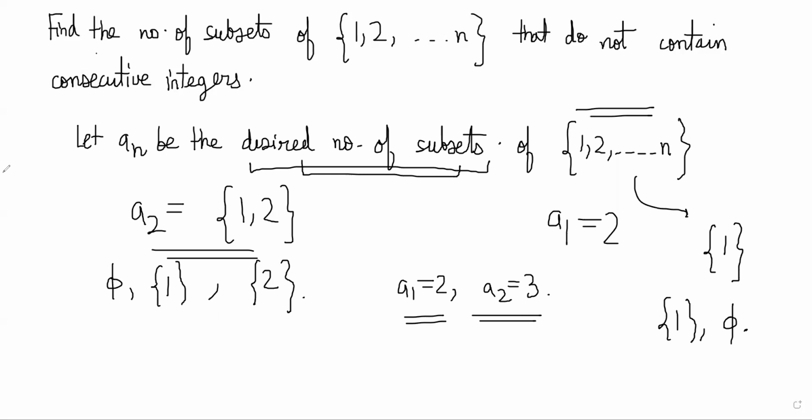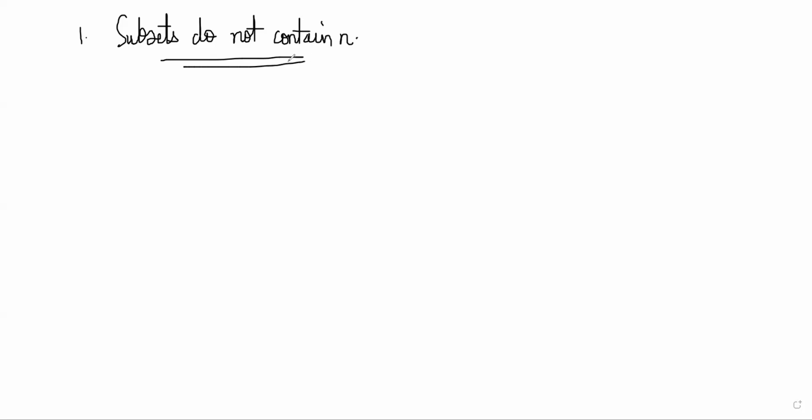Okay. So let's divide the problem into two categories. One is subsets that do not contain n. If the subsets do not contain n, then they can contain n minus 1.